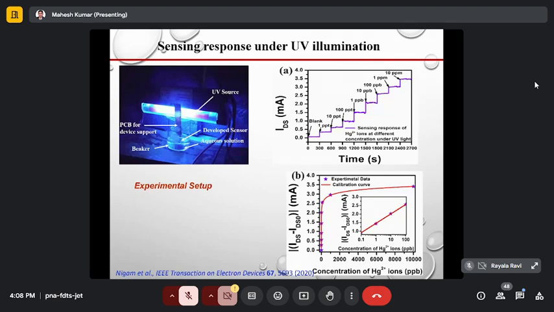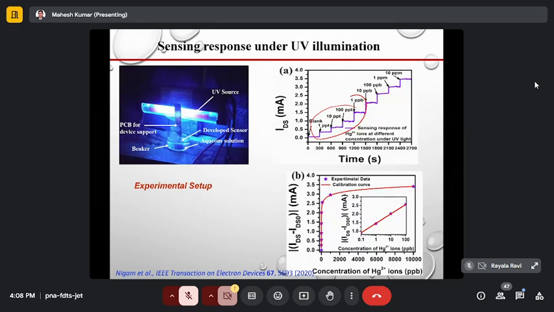But if you bring our sensor near a UV source, we found that our sensor sensitivity is increased. Now we are even able to measure at the PPT level, because generally our limit should be above 5 ppb.